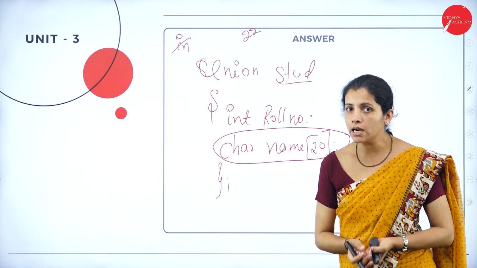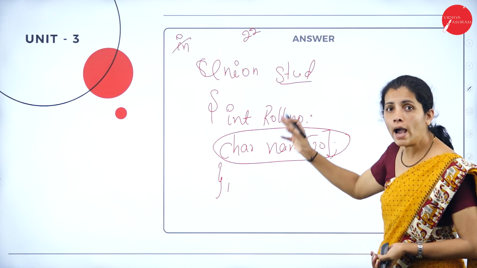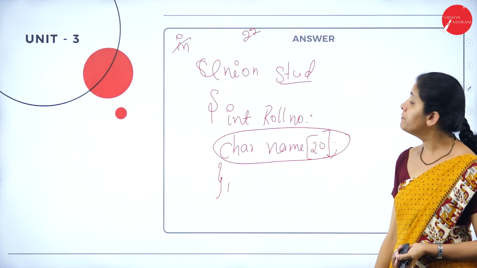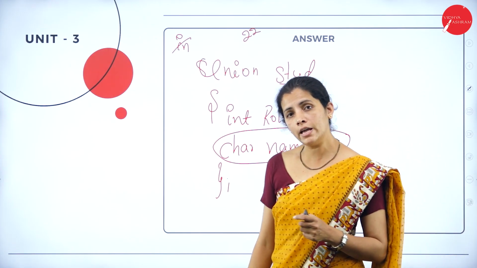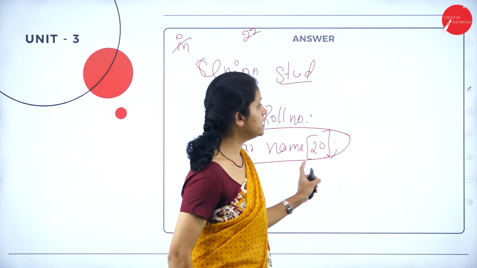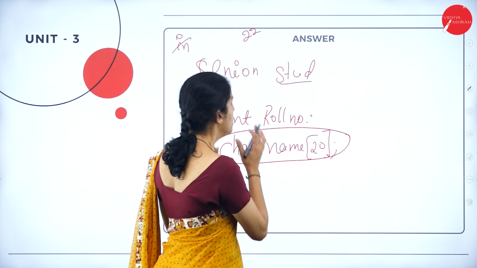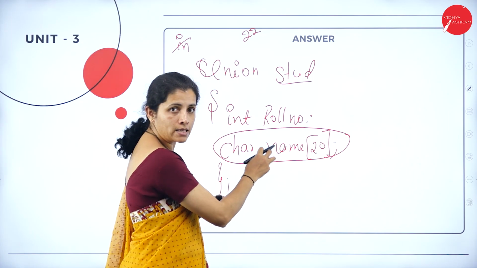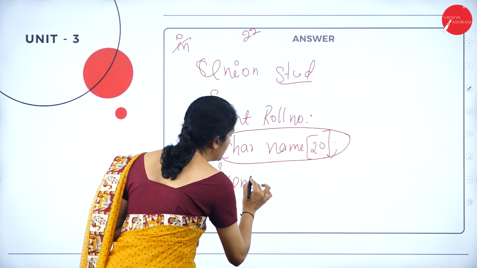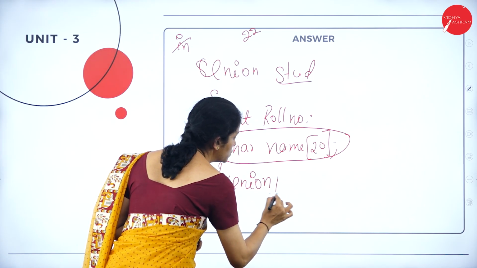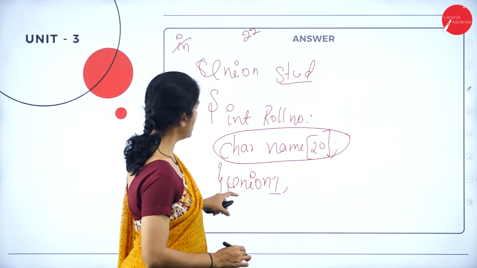Now, what is the disadvantage here? I can access only one variable at a time. If I consider a structure, I can access all the variables at a time. But here, I can access only one variable at a time. So, to access a member, I must create a variable. So, I'll create union 1. Okay. So, what is my variable name?